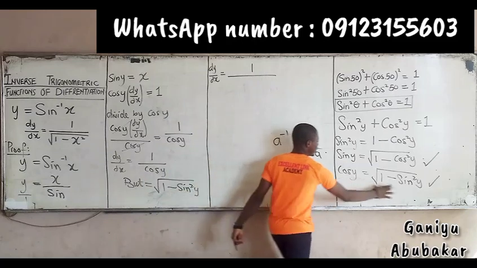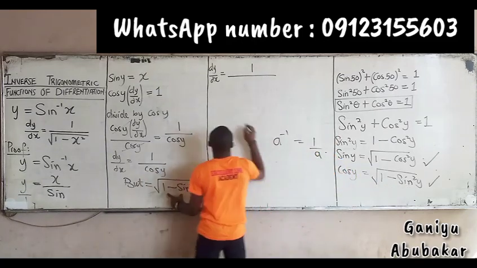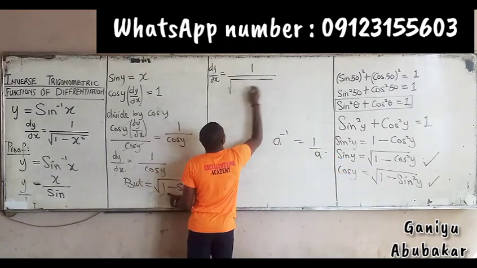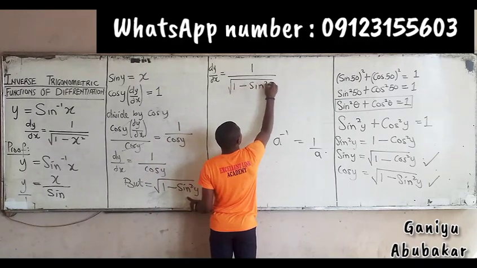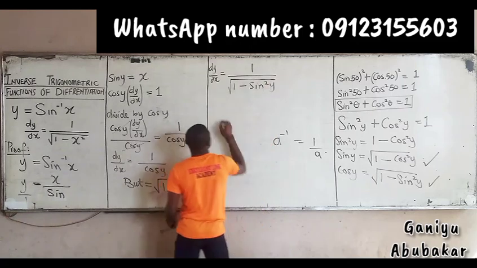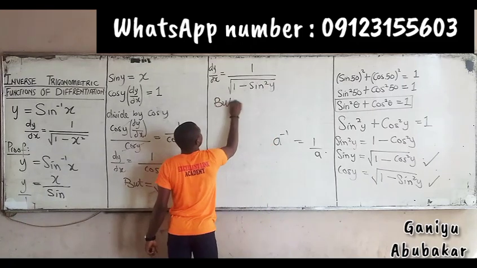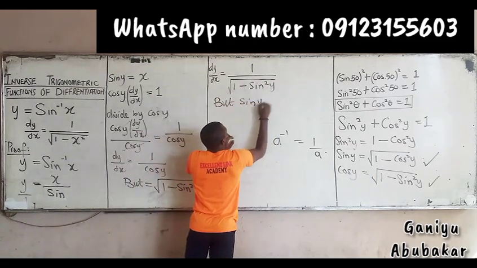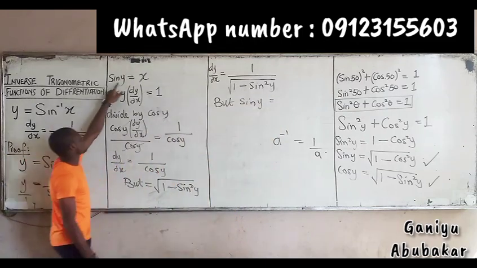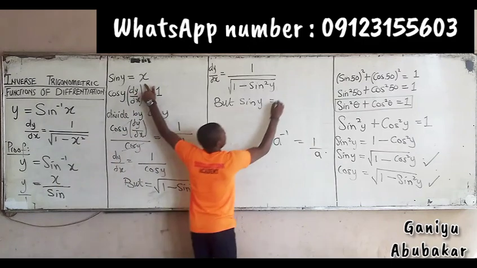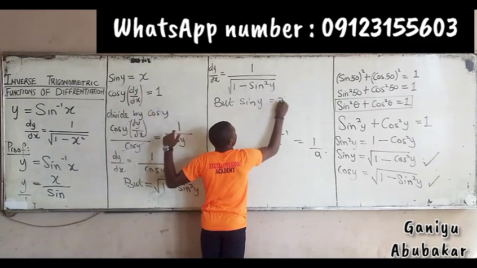Cos Y is equal to this one here, that's root 1 minus sine squared Y. But sine Y, what was sine Y? Sine Y was X. So hence, I'll put X here.